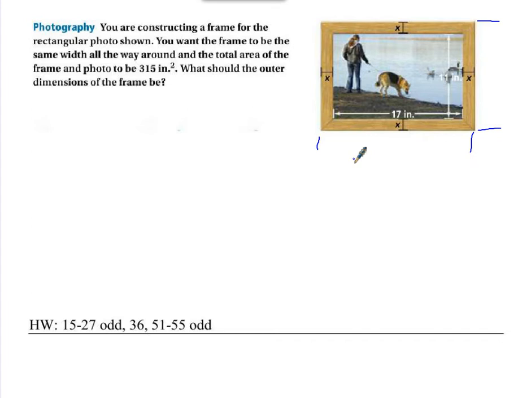They tell us that for some reason we want the total area of the frame and photo to be 315 inches squared. So how do I calculate area? Yeah, base times height. So area equals base times height, or length times width. Well, this is my length, and this is my width.